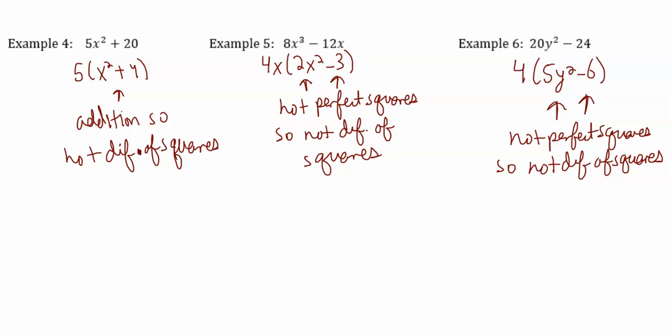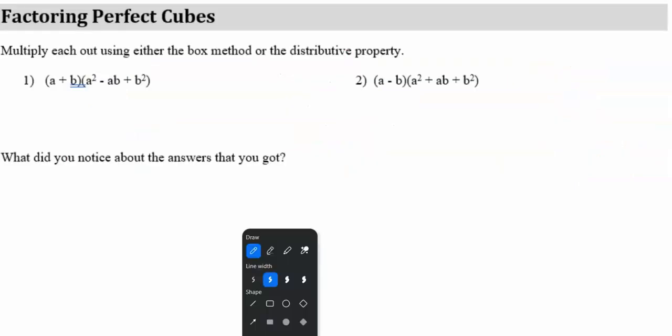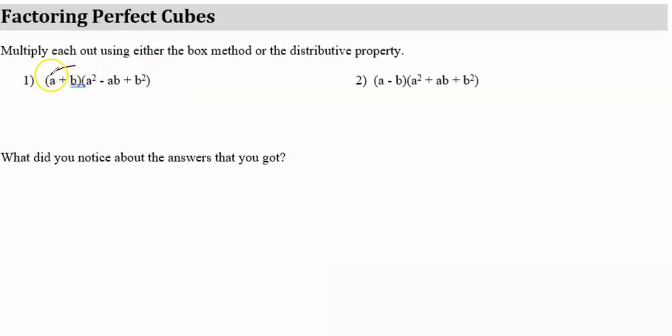Go and flip to the back page. This is asking us to multiply with double distributing or the box method. I'm going to use the box method. I'm filling these in.